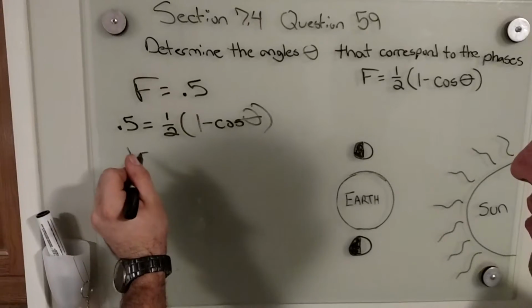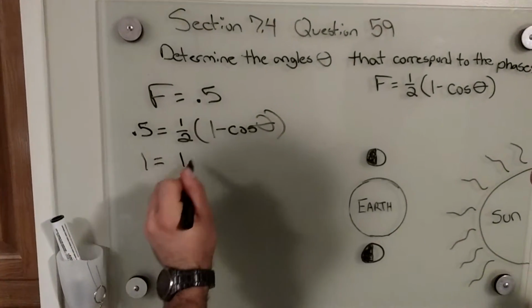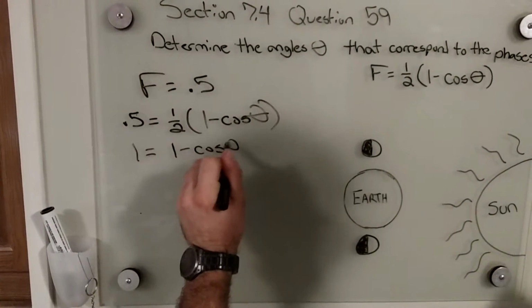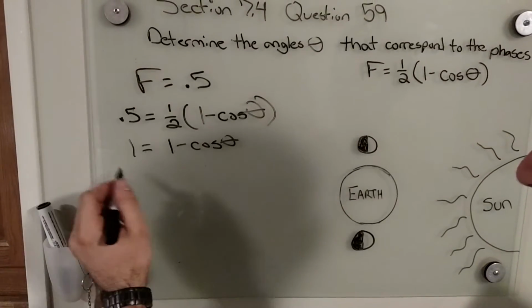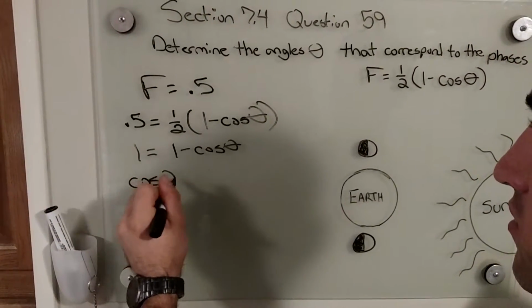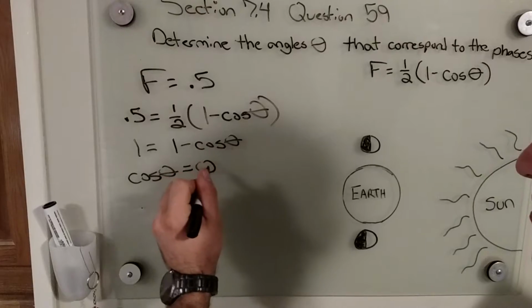Double both sides, you get 1 equals 1 minus cosine theta. And add cosine theta to the other side, cosine theta equals 0.